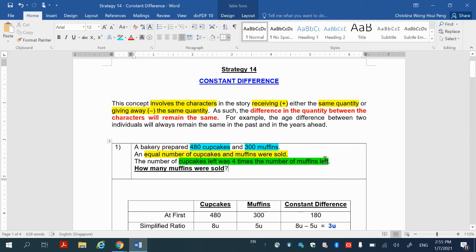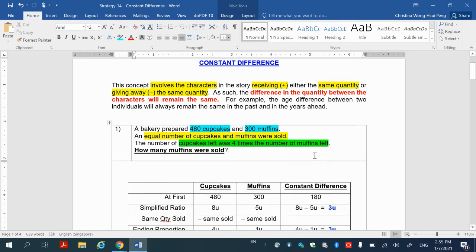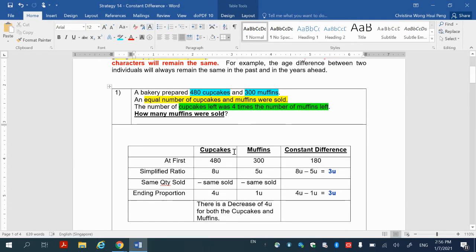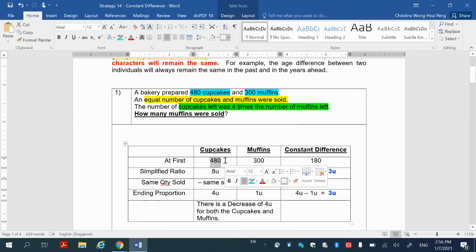Now, to understand the story clearly, it's best to present it in a table form. So I have here a column for the cupcakes, and under it I put in 480 cupcakes, and for the muffins, 300.